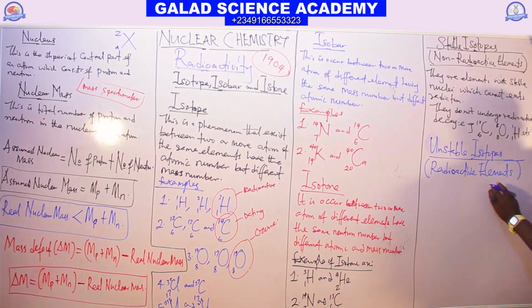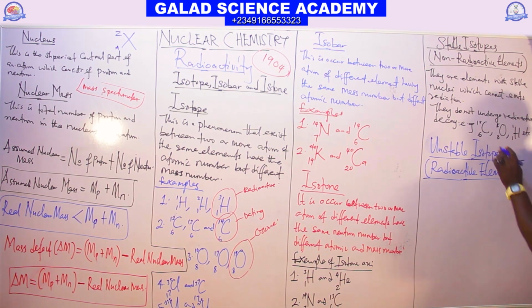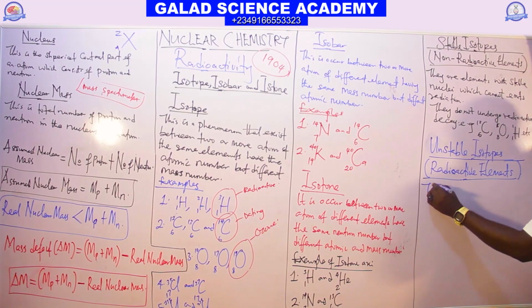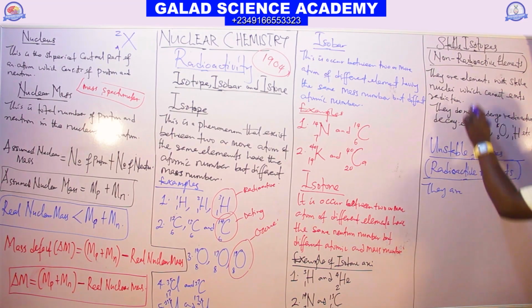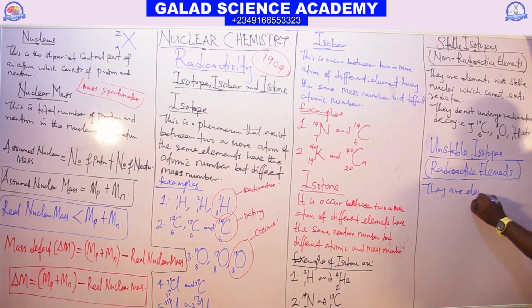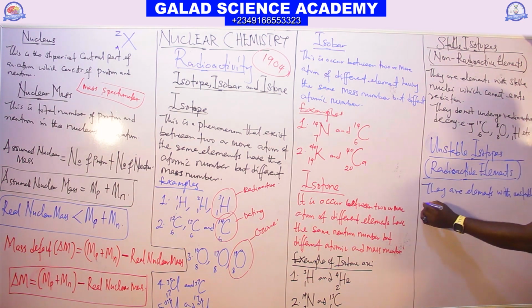Unstable radioactive elements are the opposite of this. They are elements with unstable nuclei.